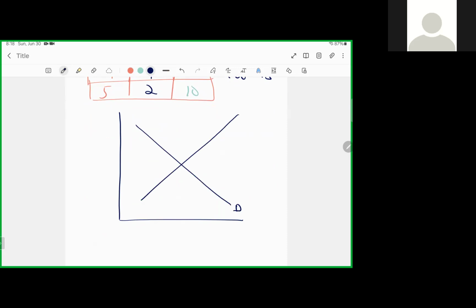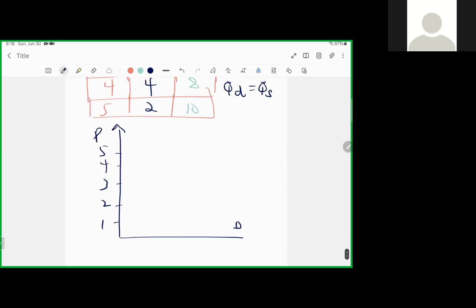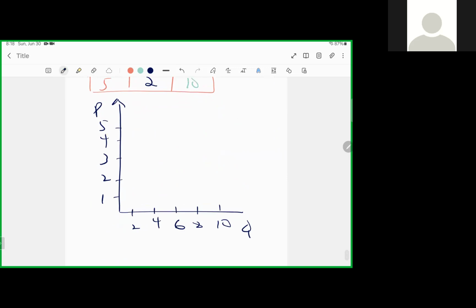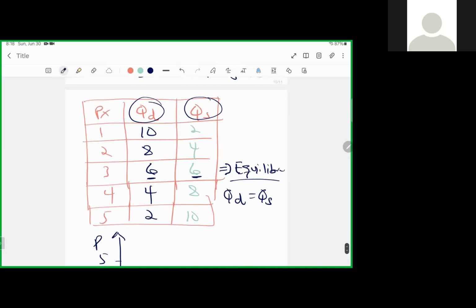Basically, we're talking about, let's say, price 1, 2, 3, 4, 5, and on the quantity side, we are looking at 2, 4, 6, 8, 10. Now, from the demand side, lower price, higher quantity.